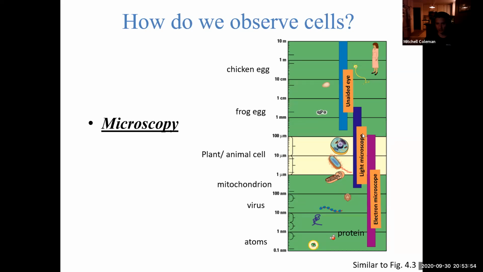And so light microscopes, which literally use light to illuminate and different focal lenses to see in a much higher resolution, let us begin to see things like cells. Some of the largest cells are on the order of a few micrometers wide, with a couple of weird exceptions.